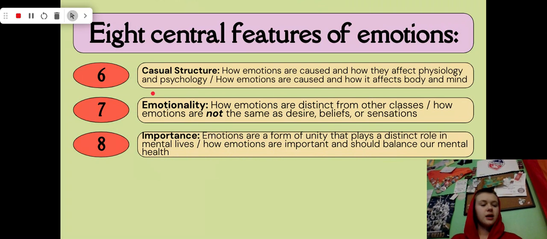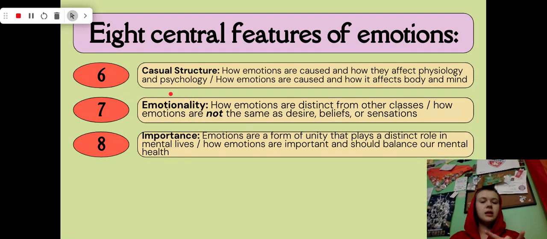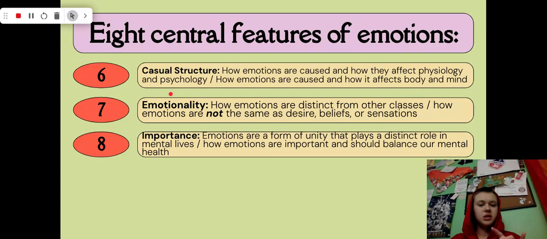Number 6, causal structure. It's how the emotions are caused and how it affects the body and mind. So basically, how the body and mind are interlinked based on the types of emotions you have. Number 7, emotionality. It's understanding the difference between emotions and other sensations.